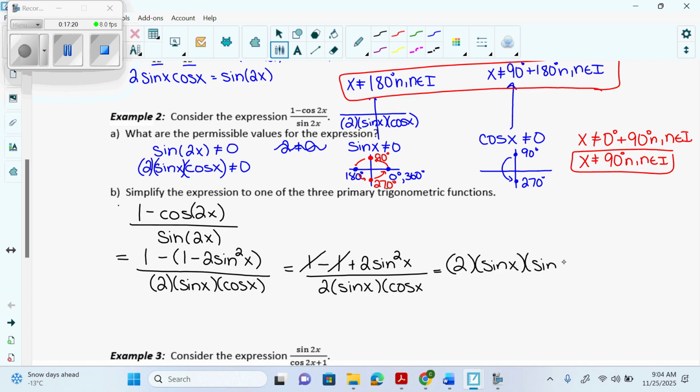Sine squared x is just 2 sine x's multiplied together. Do we agree? Yeah, no? Okay. On the bottom, I have 2 sine x cos x. So because these are all in separate brackets, the 2's can cancel off. 1 sine can cancel off. And what is sine x divided by cos x? Tan.